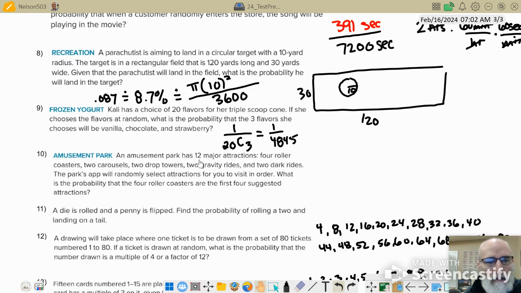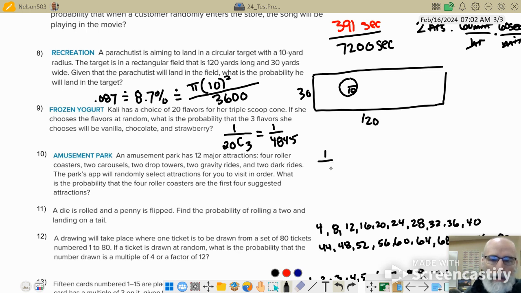It's kind of like you have 12 flavors of ice cream, and you want to know how can you get a group of 4 of them, and you only are going to be happy with one particular group of 4, meaning they're the 4 roller coasters, right? And that's what you're going to do first. Now, when it says you're going to do that activity first, it feels like you could put them in order and do a permutation, but I think you can get away with doing a choose on this one, just like we did up here in the flavors of ice cream.